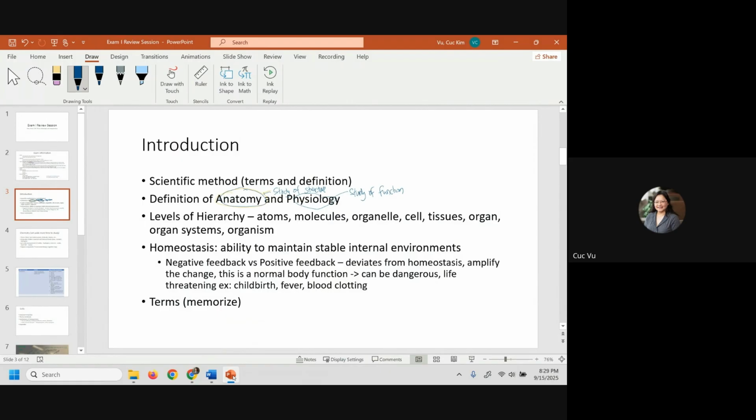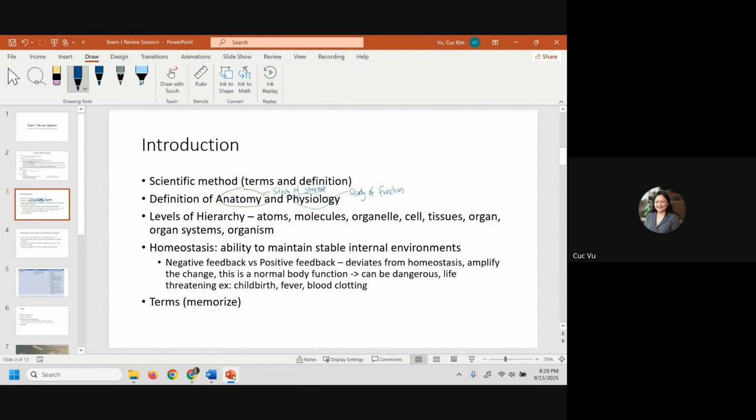Okay. Now, I notice a lot of you got this question wrong on the lab that you probably knew but didn't read the question carefully. So one of the questions in lab was asking, what general type of tissue was this? And then you went and gave me the specific name of the tissue when all I wanted was what general type. In other words, was it epithelial? Was it muscle?